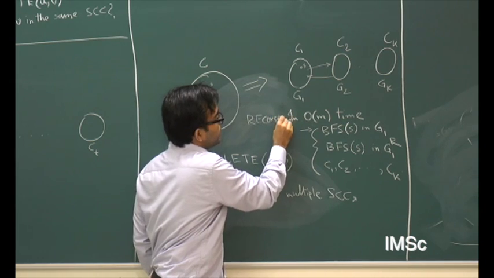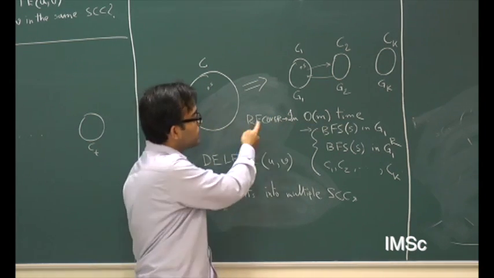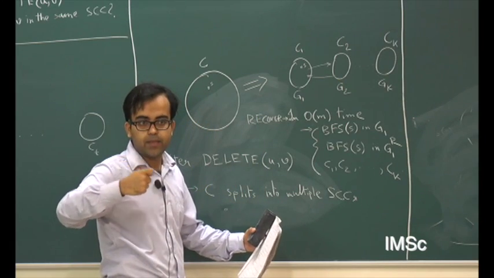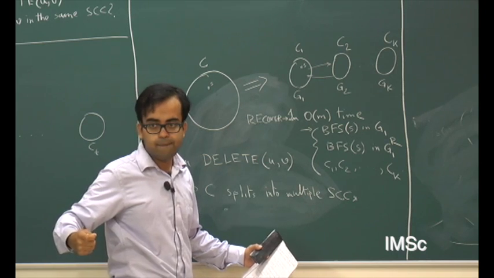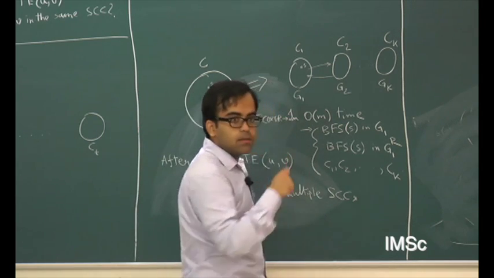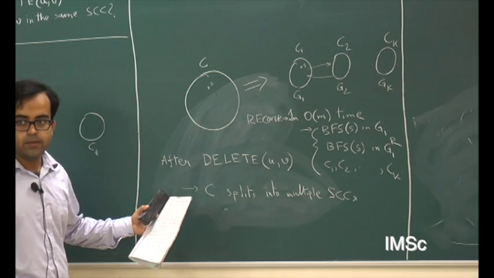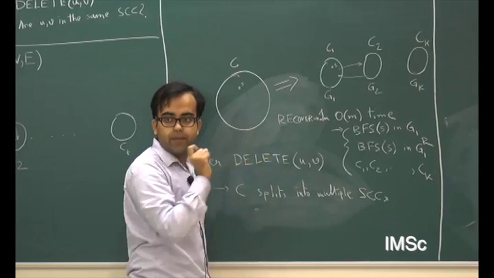Each time we do this recover step, it takes m time, but we need to perform it at most n times, because there are at most n nodes and there can be at most n strongly connected components. Each time you do this, the number of strongly connected components increases, and it cannot go beyond n. So, the total time spent on this recover is O of mn.